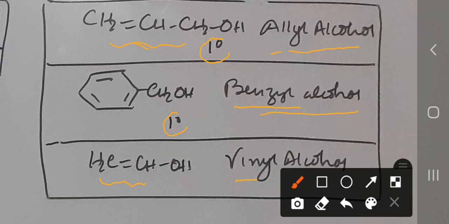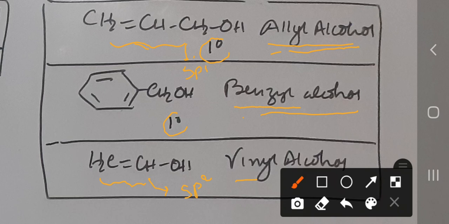So allyl alcohol is 1 degree, benzyl alcohol is also 1 degree, but vinyl alcohol is not. The hybrid orbital of the carbon atom which holds the OH group in vinyl alcohol is sp2, whereas in case of allyl and benzyl alcohol, you can see there is a single bond, so it will be sp3.